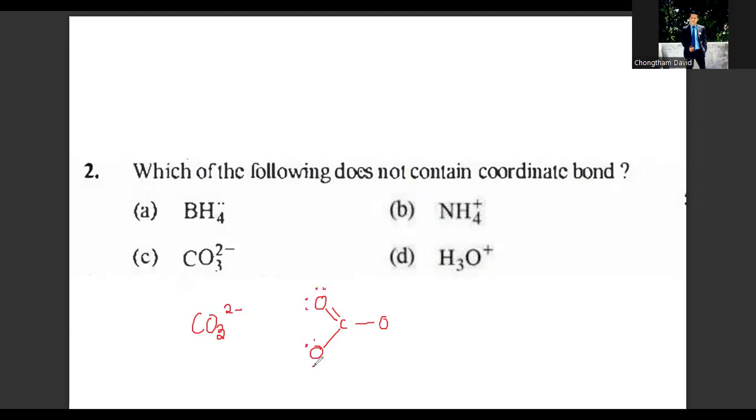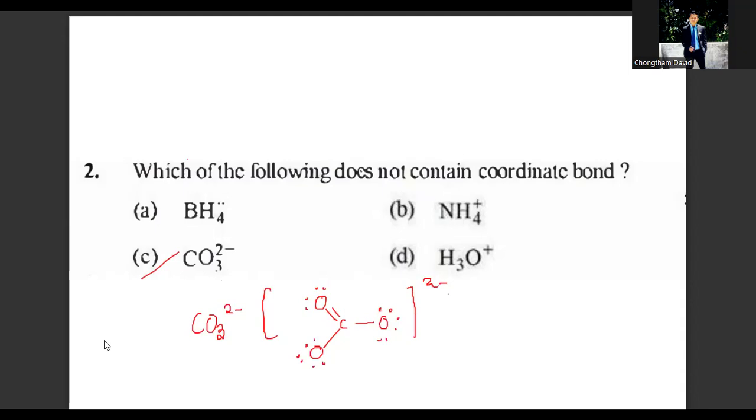There would be 6 lone pairs of electrons for these 2 oxygen atoms. The charge would be 2 minus. So which of the following does not contain coordinate bond? So C would be the answer for question number 2. The others do contain coordinate bond.